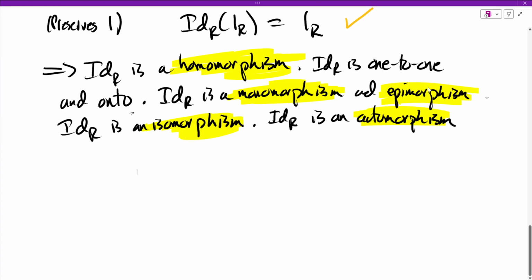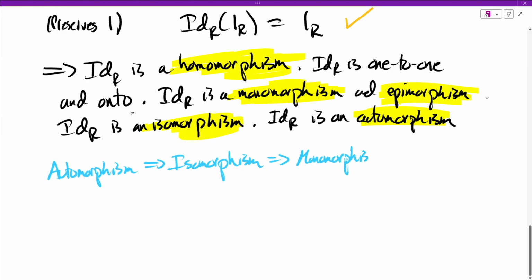And just to be clear here, what we're learning that you should use again and again, let me write it in blue, is automorphism implies isomorphism, implies monomorphism and epimorphism.